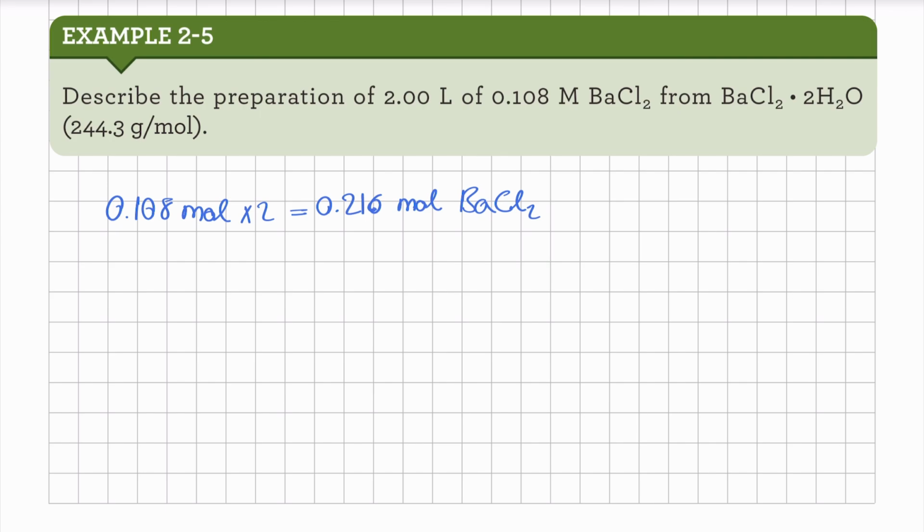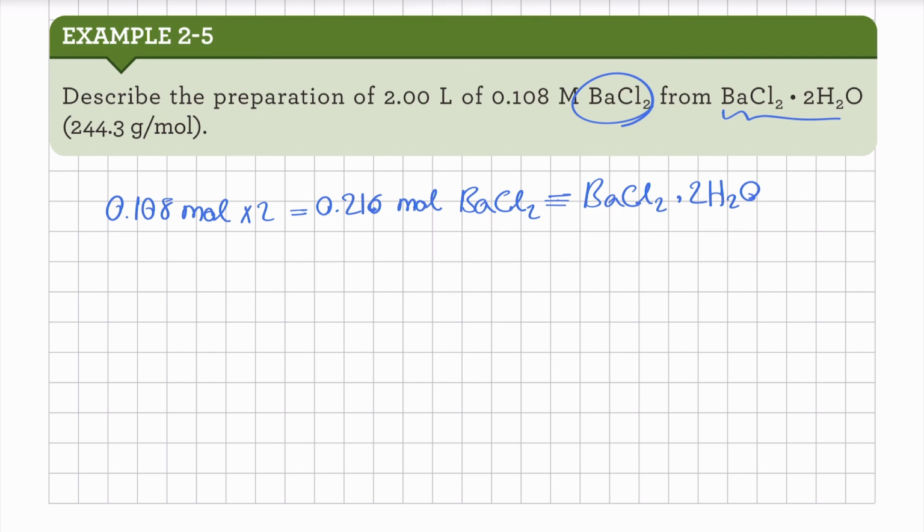Be careful, here we have BaCl2, and on the other hand, we have BaCl2 connected to 2 water molecules. Just pay attention that the molar mass of these 2 are completely different.